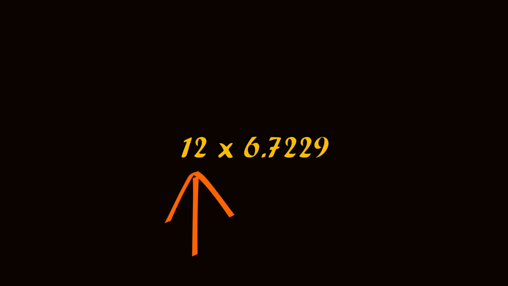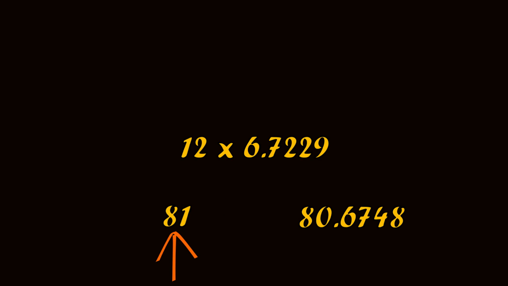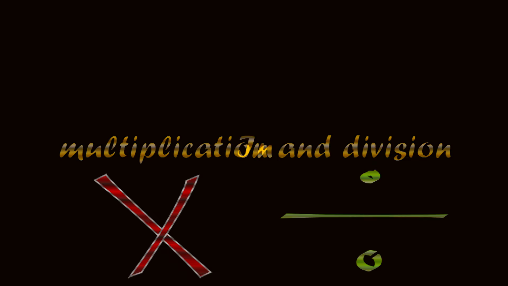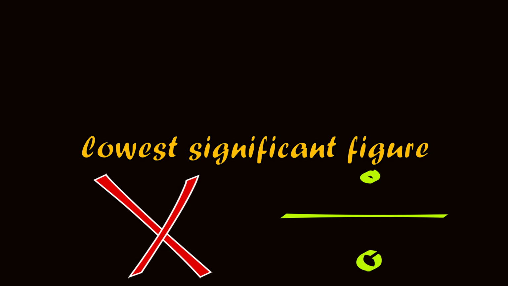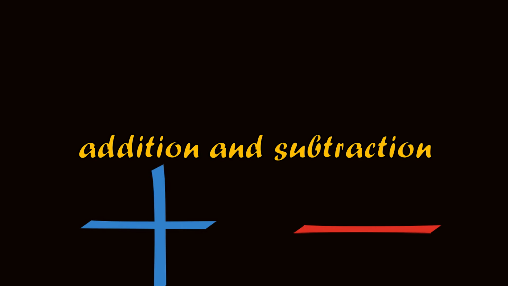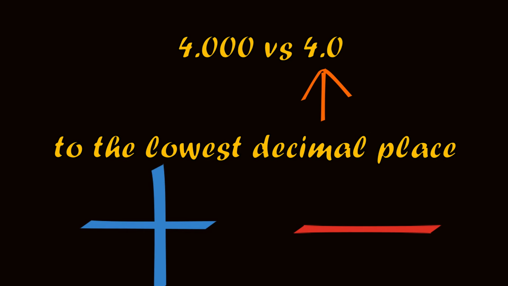You need to look at the value with the lowest significant figures, then base your final answer on it. If the lowest is 2 sig figs, then your final answer needs to be in 2 sig figs. And just a quick FYI, in multiplication and division, you give the answer to the lowest significant figure. In addition and subtraction, you give the answer to the lowest decimal place.